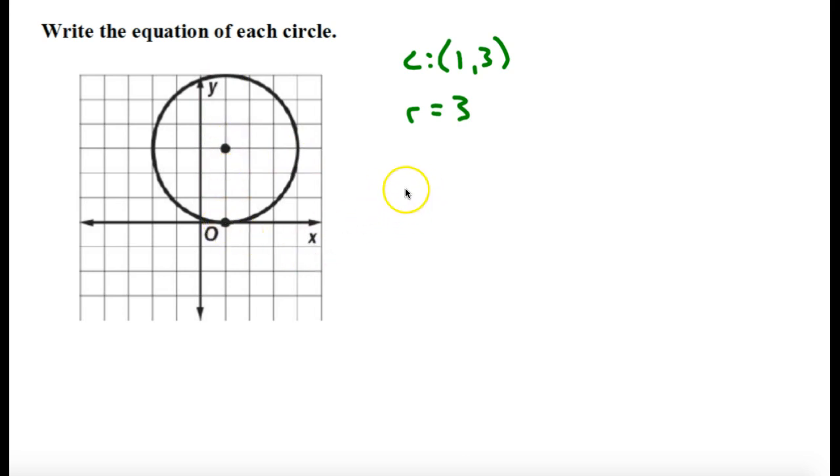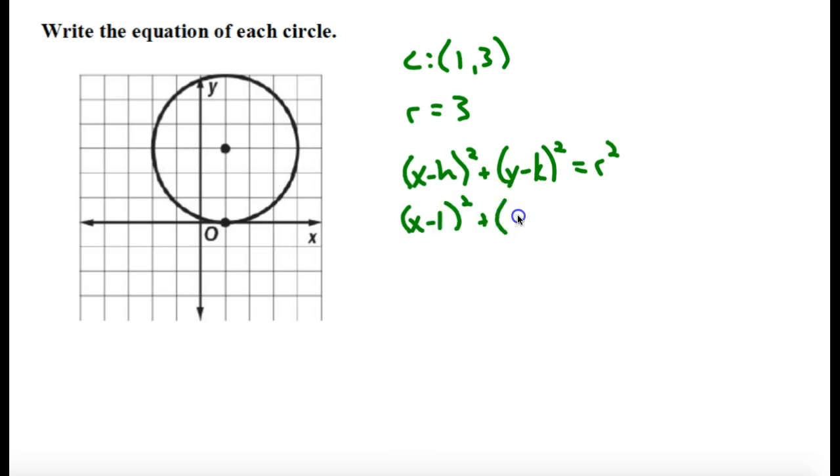Lots of ways to count the radius. So then, if I plug that information into x minus h squared plus y minus k squared equals r squared, we will end up with x minus 1 squared plus y minus 3 squared equals 3 squared, which is 9.